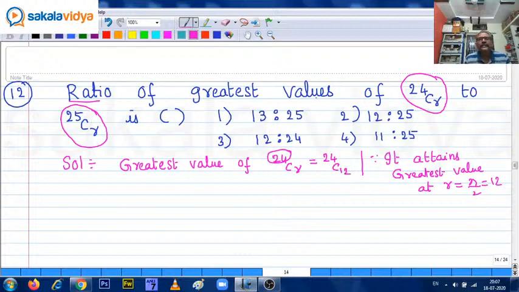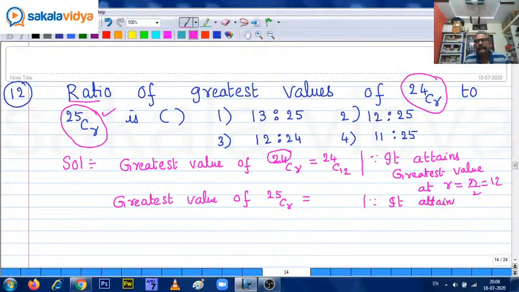Let us concentrate on this one. Greatest value of 25Cr. 25 is an odd number, so it attains its greatest value at r equals (n minus 1) by 2, because n is odd.